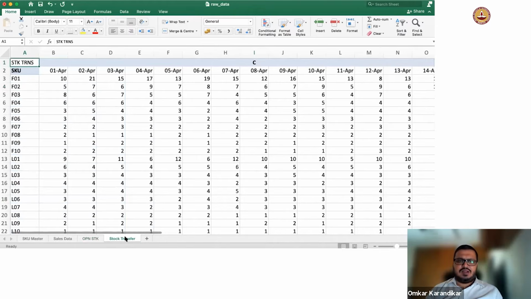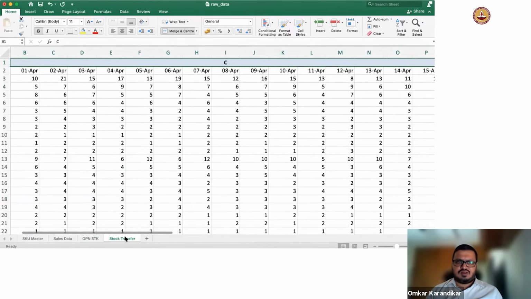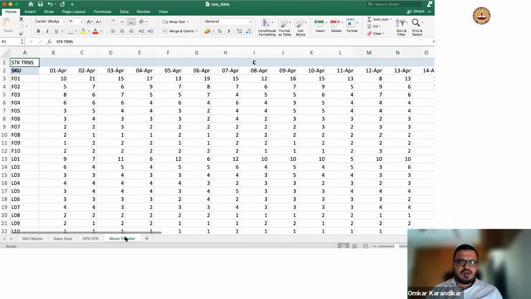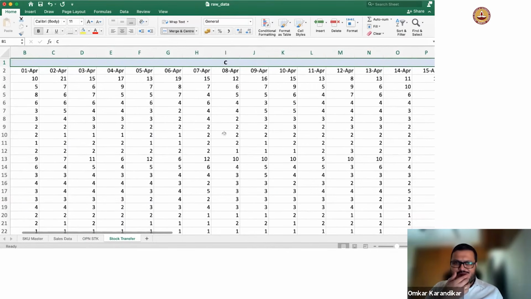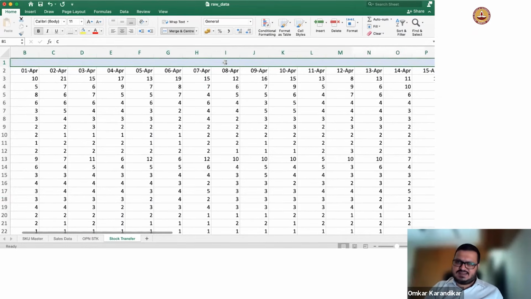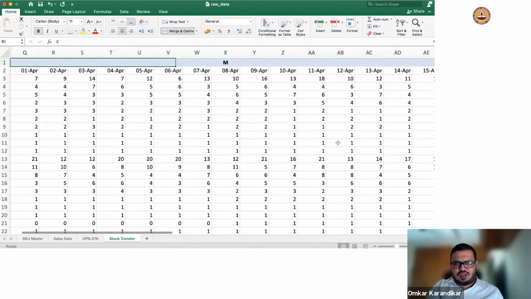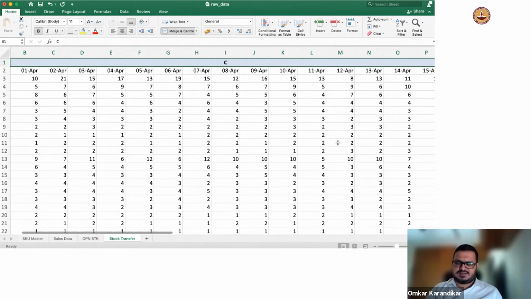This table is about the stock transfer to Cochin. Columns B to P will be Cochin, and Q to AE will be for Madras.